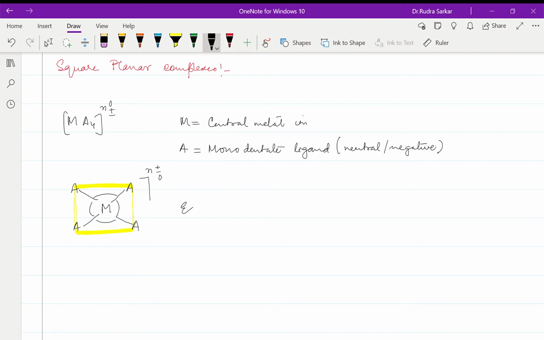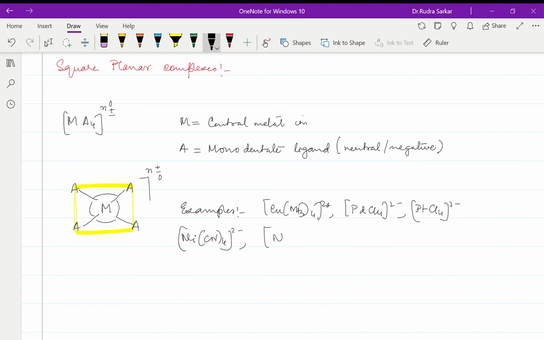What can be the examples that we may have covered before, which is Cu(NH3)4 2+, PdCl4 2-, PtCl4 2-, Ni(CN)4 2-, Ni(DMGH)2, which is dimethyl glyoxime.